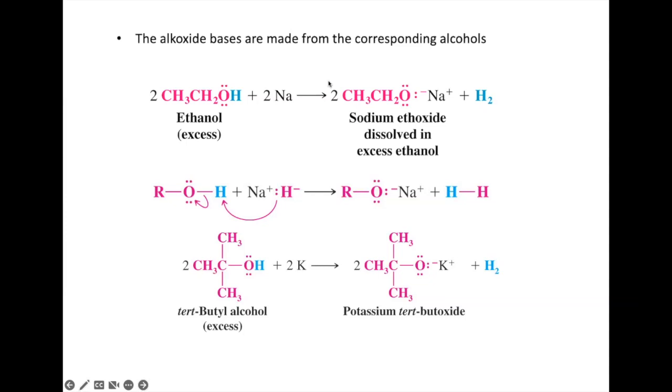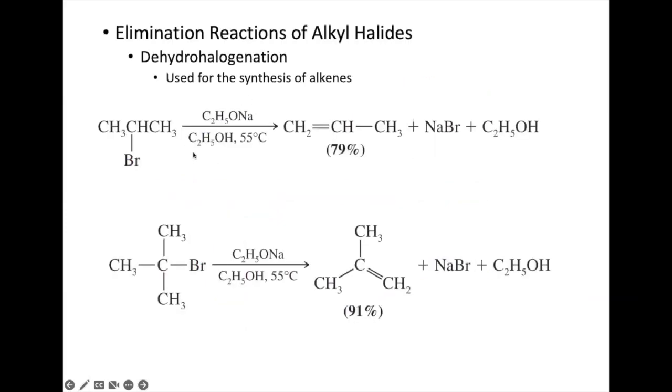Now, how do you produce an alkoxide base? In this case, you have ethoxide. The sodium ethoxide can be produced from the reaction of ethanol with sodium metal. In this case, the hydrogen can be abstracted by sodium, and then you form your sodium ethoxide dissolved in ethanol. That's why usually you'll see this reaction condition.